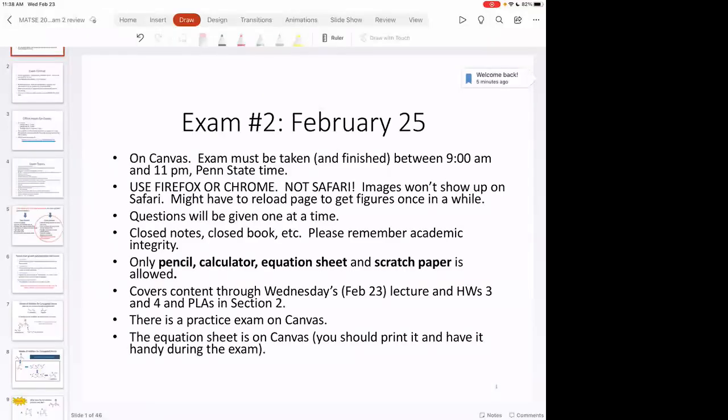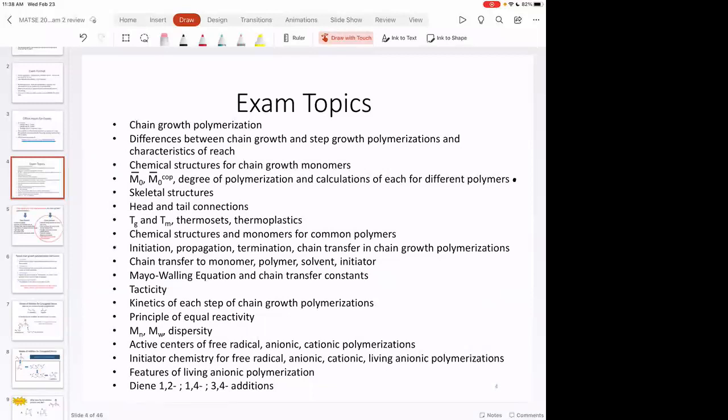Let's see, other topics. Make sure you know some common chemical structures. Since we're dealing with chain growth polymerization, you shouldn't forget amides and esters, you shouldn't forget that step growth chemistry. Have that in your memory bank, maybe just review it in case ester pops up on the exam, so you know what it is.